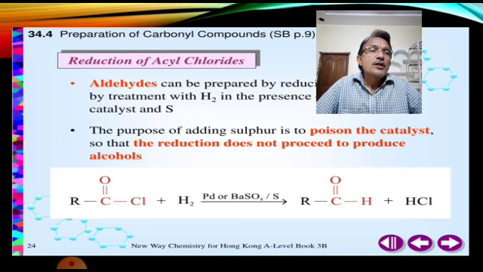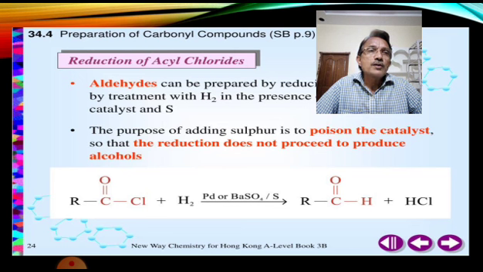So ketones cannot give Fehling test. Only aldehydes give Fehling test, ketones do not. Similarly, only aldehydes can give Tollens test, whereas ketones do not. In Tollens test, aldehydes form silver mirror, whereas ketones do not form silver mirror.